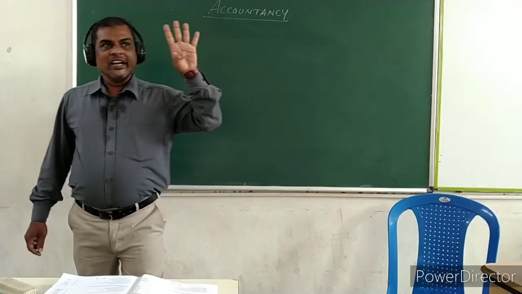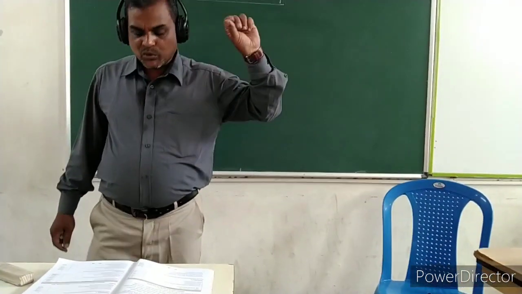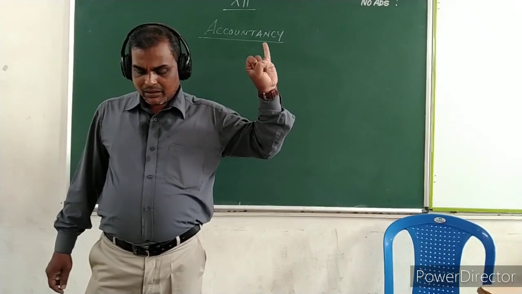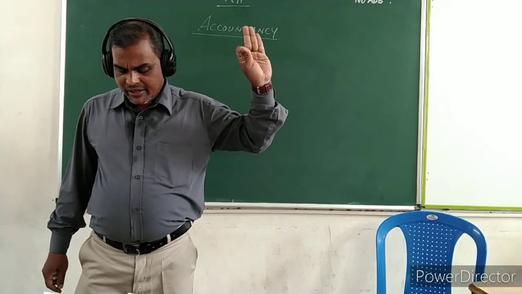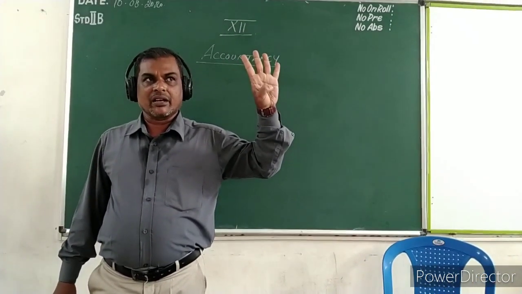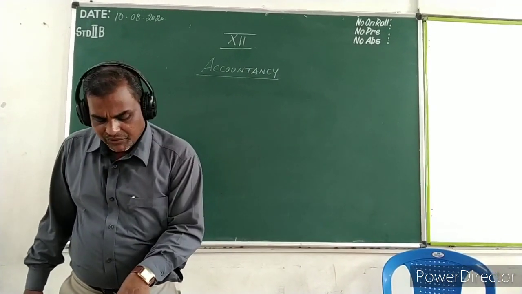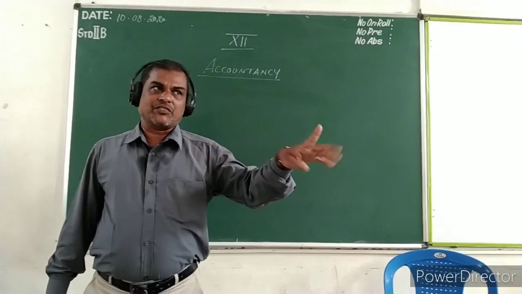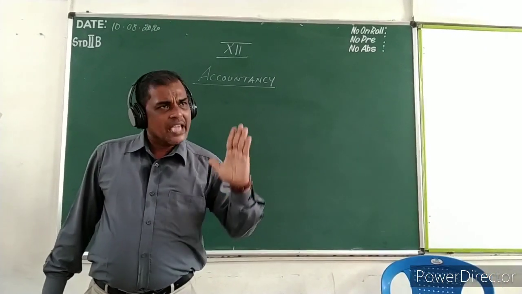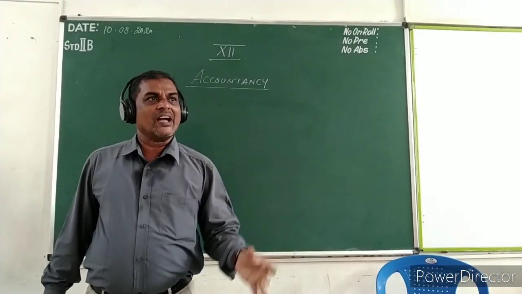So we need four items, and they have given the four items. What are they? Closing capital, additional capital, drawings, and loss. With the help of these, we have to find out the missing figure. What is the missing figure here? Opening capital is the missing figure. Now we have to use the same format, the same way we have to calculate.